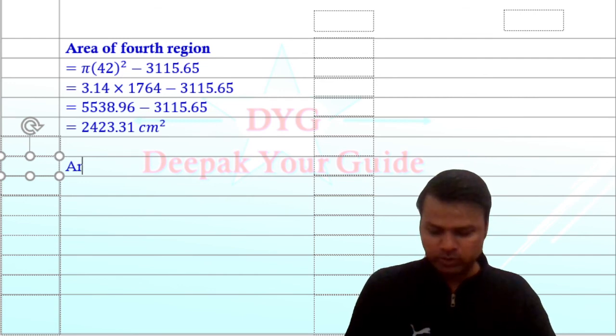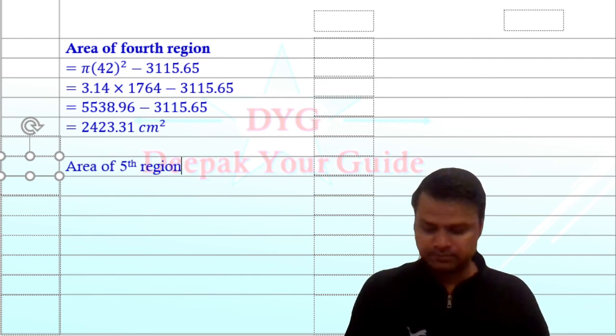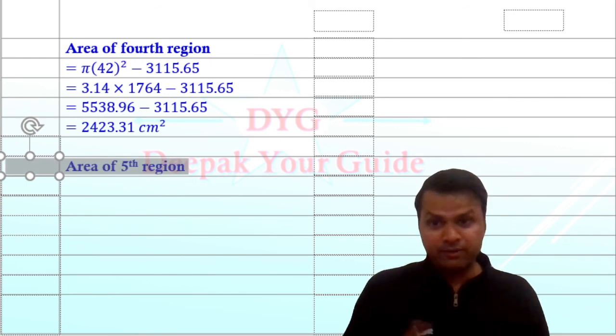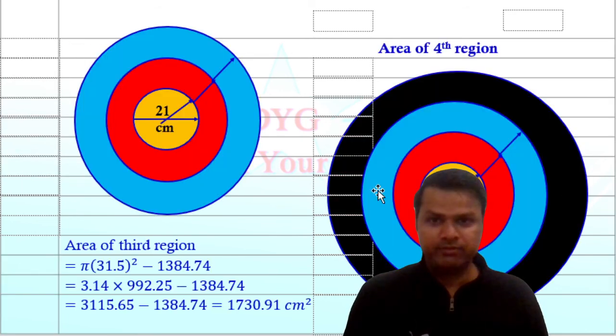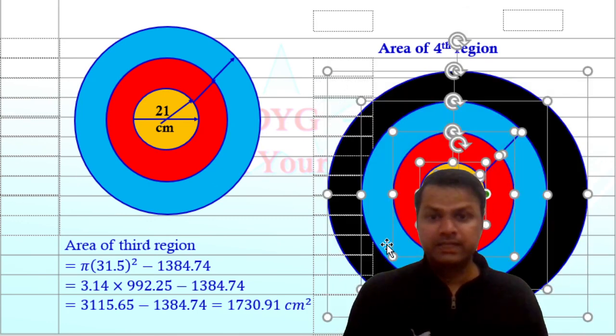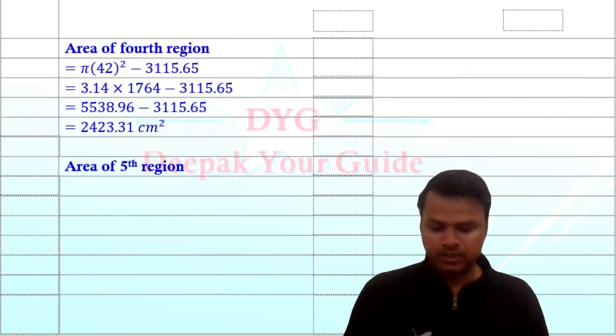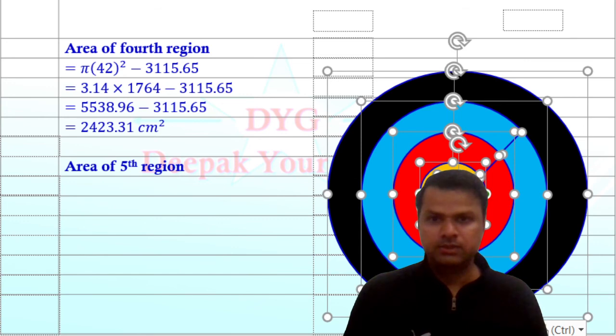And now the last one, which is area of fifth region. So if you have got the idea, whatever we have just discussed, then I'm sure you should be able to guess what we are going to do to find the area of fifth region.